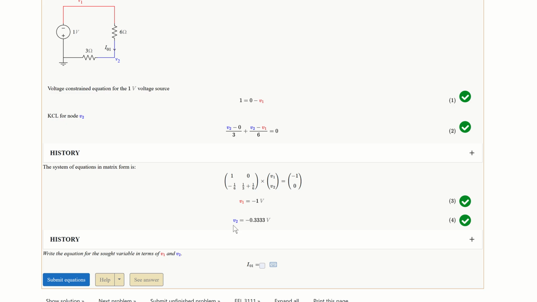Since we're looking for I01, we're going to go ahead and put in that current. Current I equals V over R. So we're going to do current going this direction.